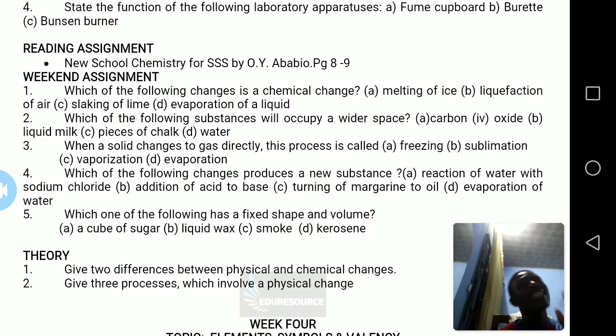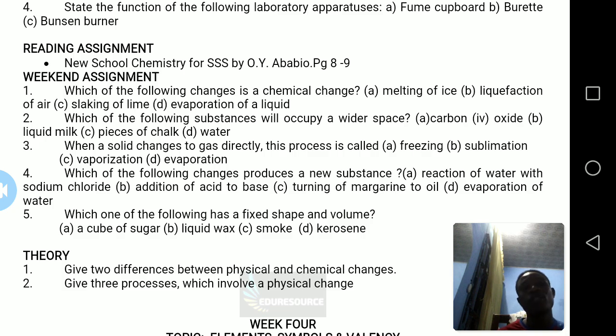So it will occupy more space than a piece of chalk, liquid milk and water. You cannot confine air into a particular location. Air is everywhere, right? Yes, sir. So carbon 4 oxide is the answer.